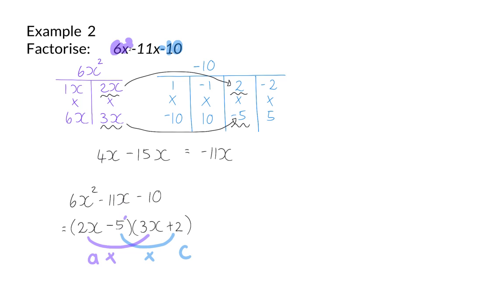Lastly, to test our middle term, it will be the inner and the outer combinations added up. Our inner product is minus 15x, and our outer product will be 4x, which added up does give us minus 11x.